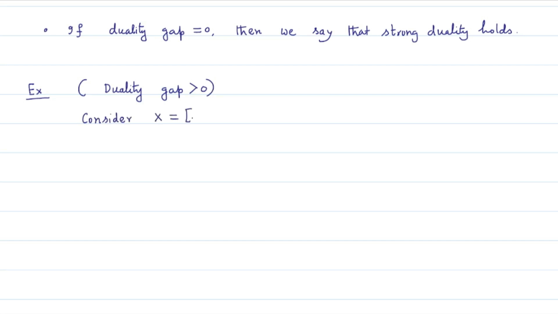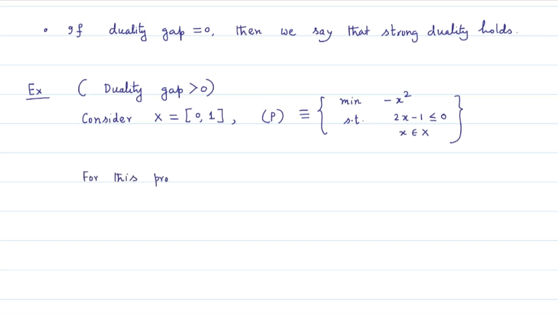Take a set capital X to be the closed and bounded interval 0 to 1, and the primal problem P as maximization of x square, which is minimization of minus x square, subject to x less than or equal to half and small x belonging to capital X. Consider this problem, and for this problem you can easily find that the primal optimum solution is obtained at the point x equal to half, where f(x) is minus x square, and therefore it is equal to minus 1 by 4.